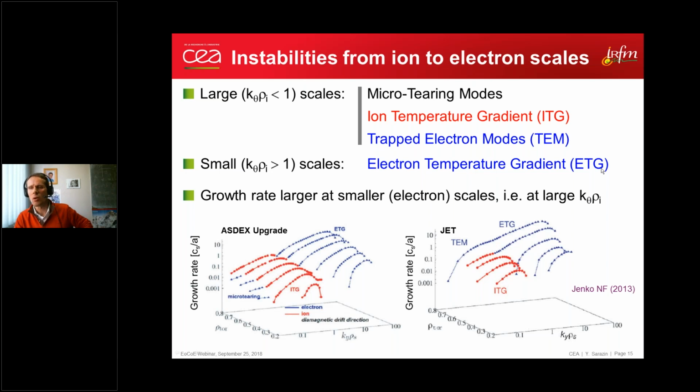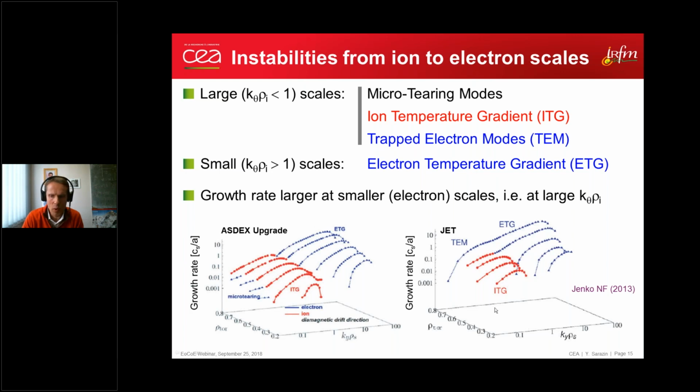There are some others also, like kinetic ballooning modes, which I do not mention here, but one of those is the so-called ETG. At the ion scale, we already mentioned the ITG and TEM, which are carried by a certain class of electrons. There are also microtearing modes, which are an electromagnetic instability that can develop close to the edge.